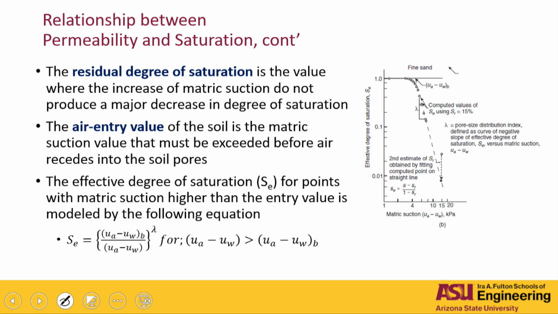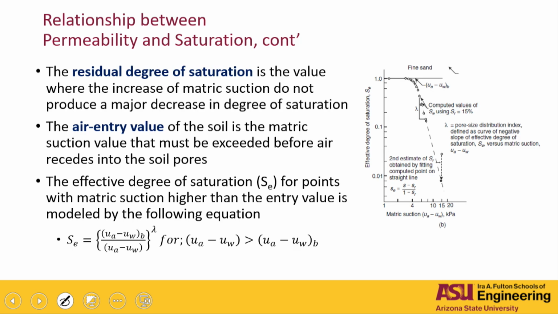And the effective degree of saturation for points between the air entry value and the residual value can be estimated by an equation, which is going to be a function of the air entry value divided by any suction value in that range, raised to a lambda parameter.